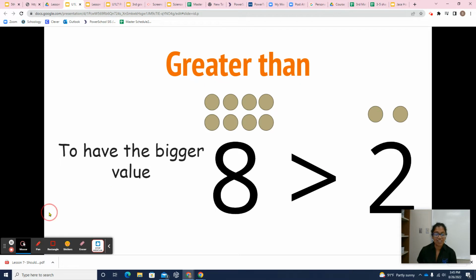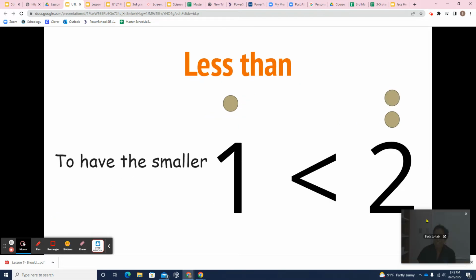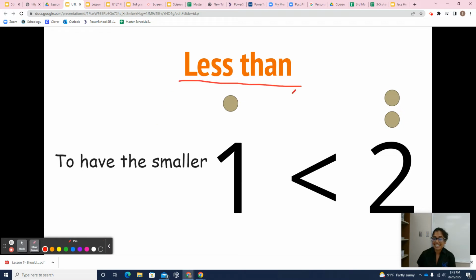All right, now let's go on to our next word. Our next word is less than. Less than means to have the smaller amount. All right, so we have the number 1, and then we have the number 2.